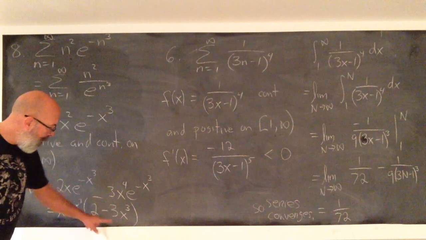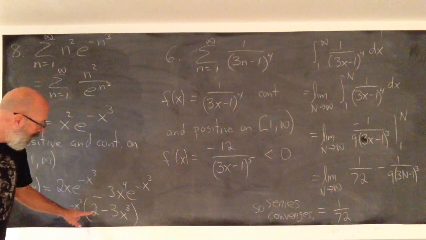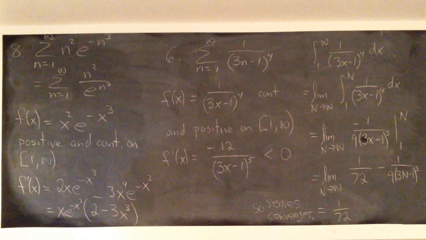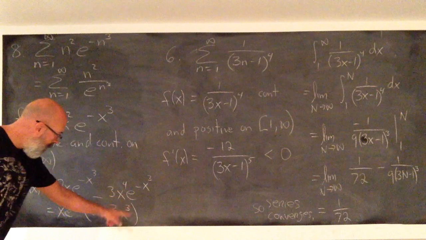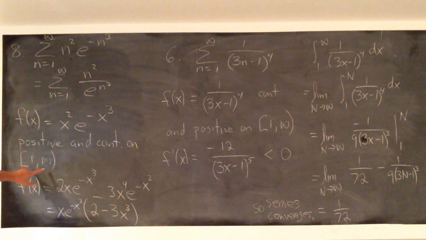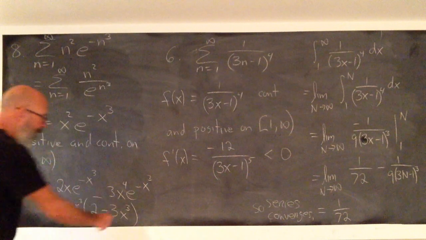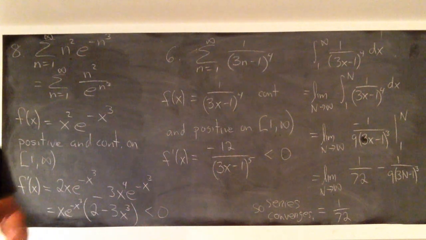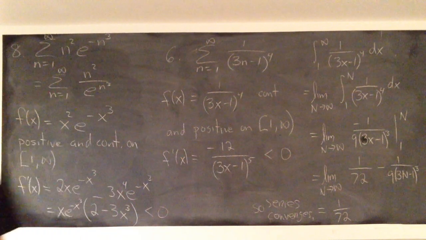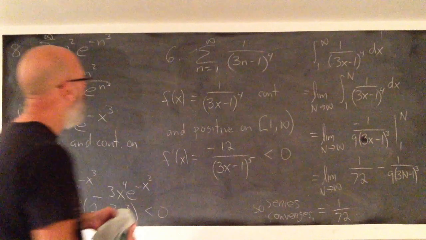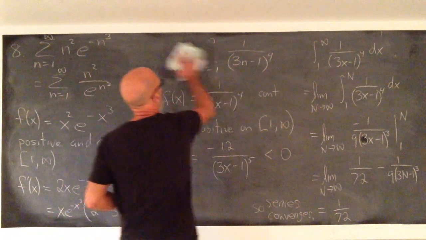So the whole thing is going to be bigger than or equal to 3, and 2 minus something bigger than 3 is going to be negative. The exponential is always positive. X is positive on this interval, so the whole thing is less than 0. In other words, we're in a position to use the integral test. Let's do so.